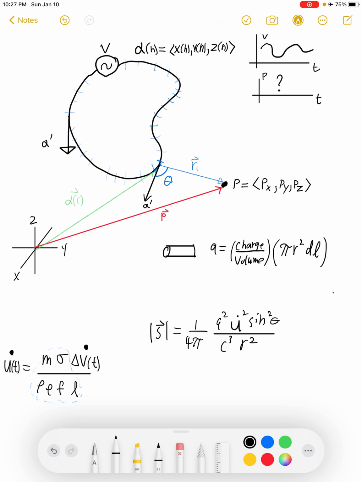That's Q. So we can plug in Q, and we can plug in the derivative of the velocity. Now we just need to get theta and R, and we can find the contribution of this one segment, and then we will sum around the entire curve and find the total contributions of the power.